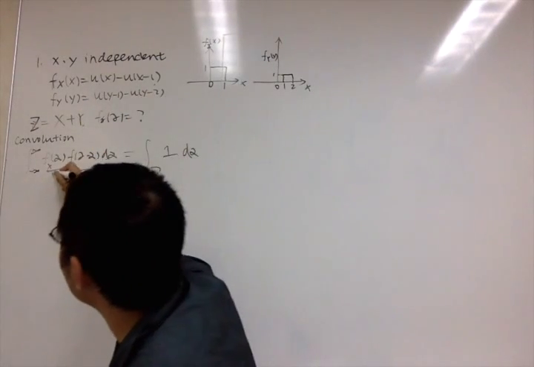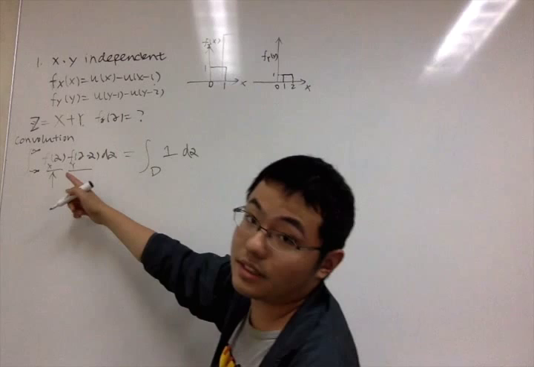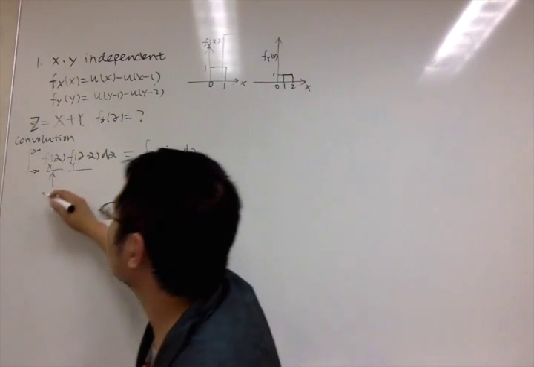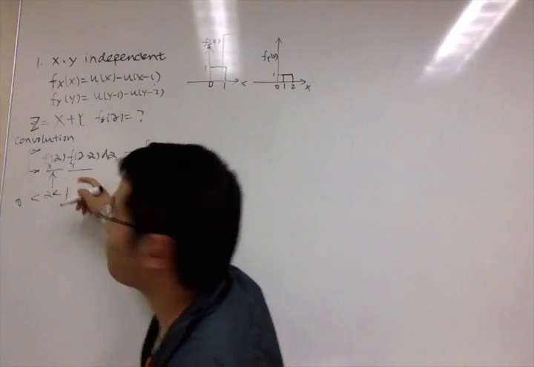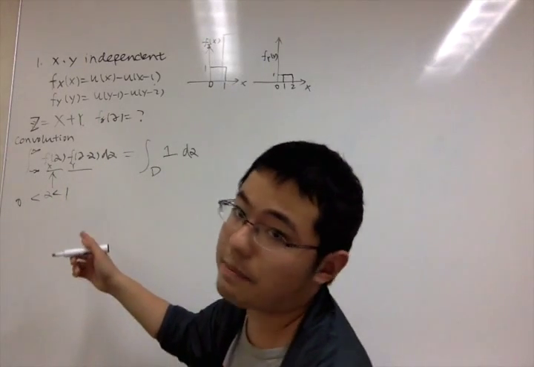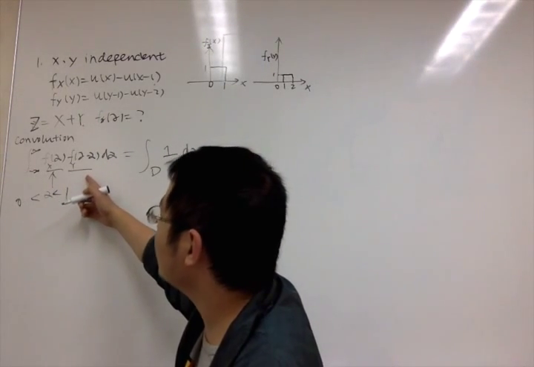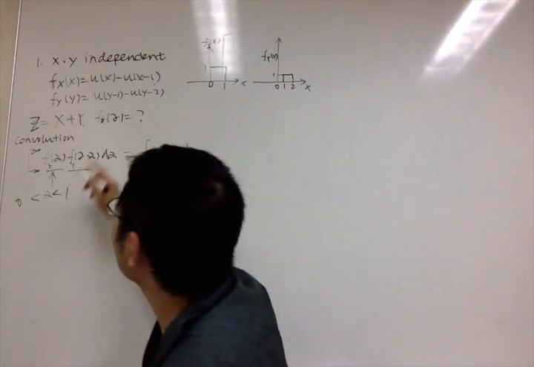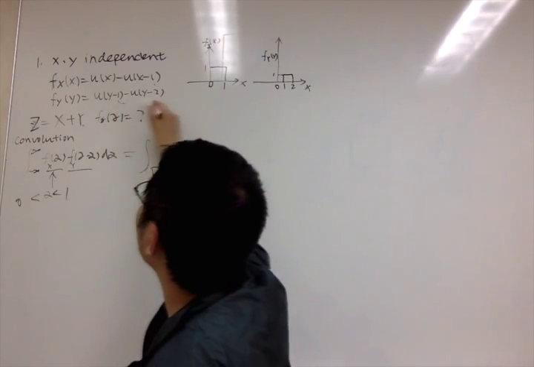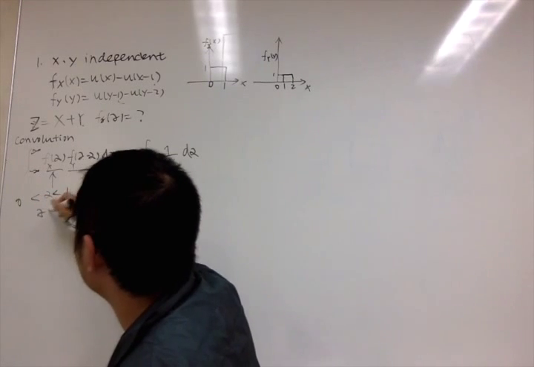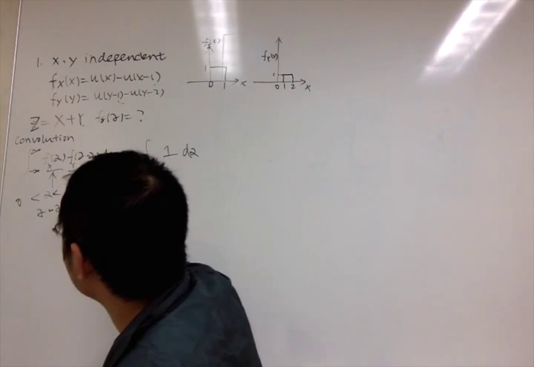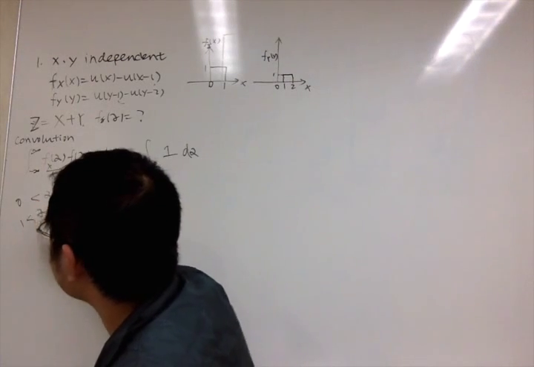So for the first function, because the variable is alpha, alpha is from 0 to 1. I'll do the same for the second function: z minus alpha is from 1 to 2.